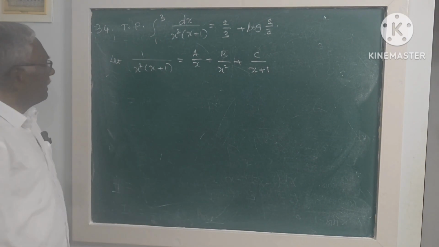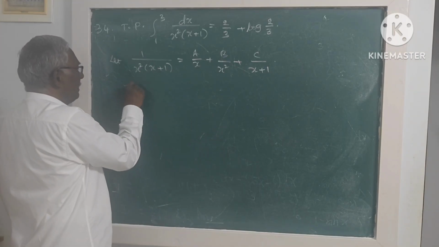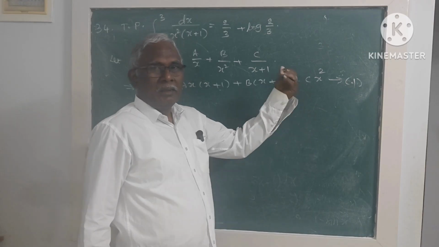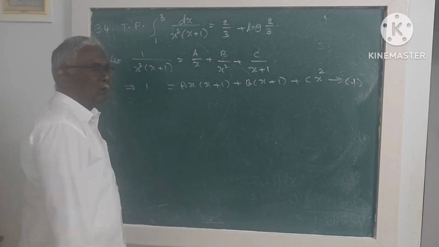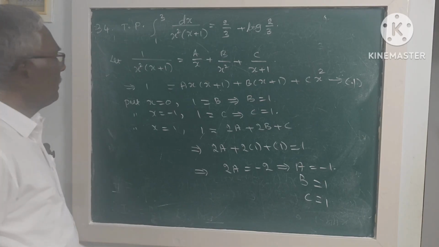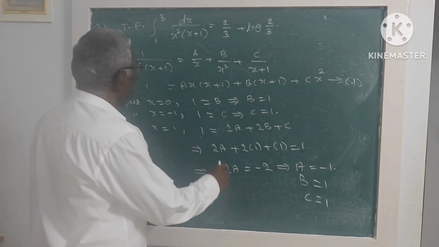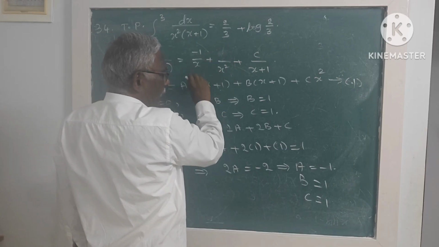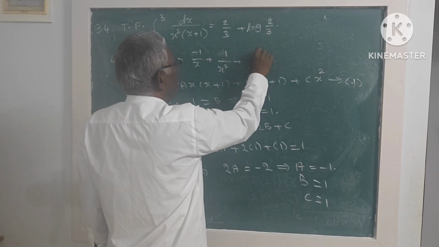Multiply throughout by x square into x plus 1 and put x is 0, minus 1 and then plus 1 to get the values of a, b and c. So a is minus 1, b is 1 and c is 1. So we can replace a by minus 1, b by 1 and c by 1.